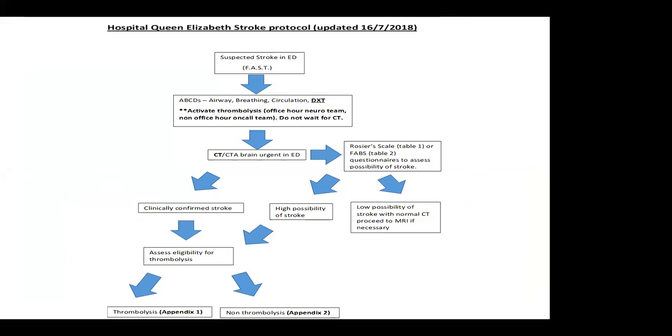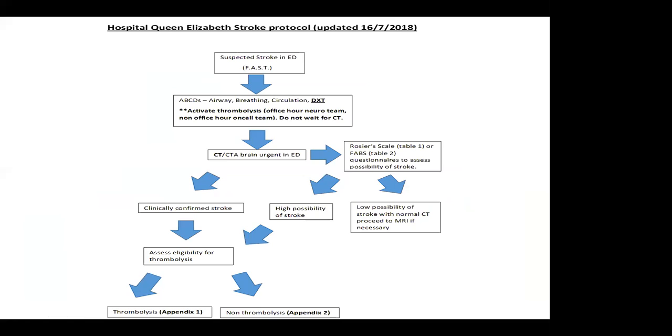Now, the Queen Elizabeth Hospital stroke protocol, which was updated in 2018. Patients with suspected stroke in the ED get a quick FAST assessment, based on facial asymmetry, arm weakness, speech, and time.